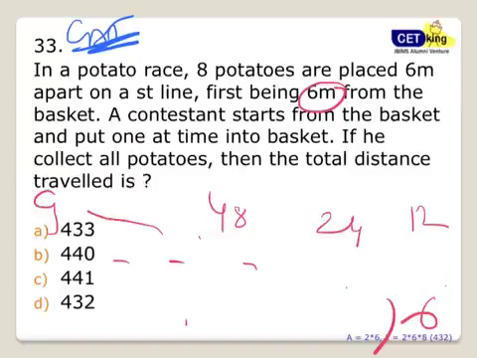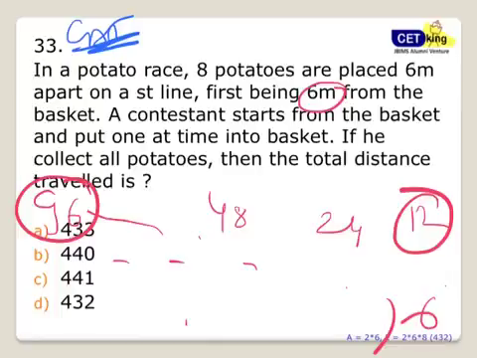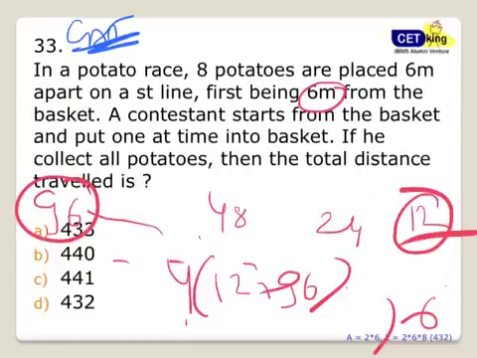First term plus last term into n, उसका एवरेज, half करके into n. n by 2 A plus L. 8 terms are total, so n by 2, 4 terms, 4 into first term and last term, 12 plus 96. 12 plus 96, 108, 108 into 4, 432.